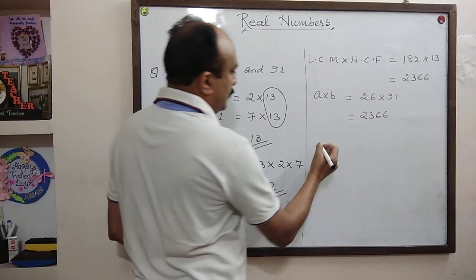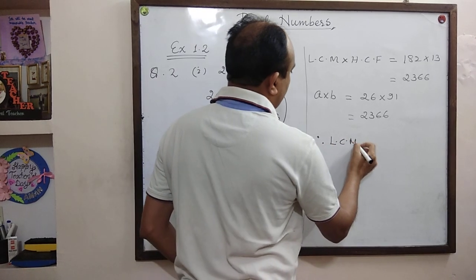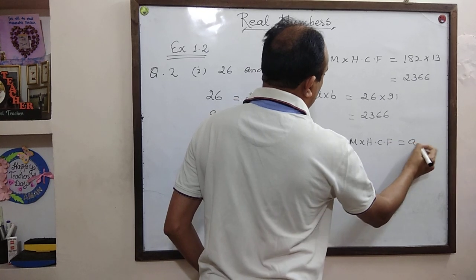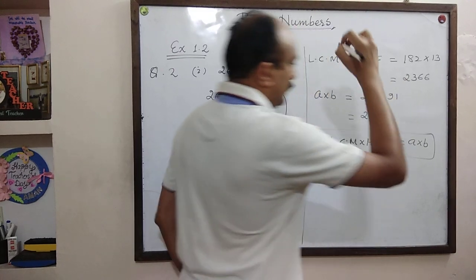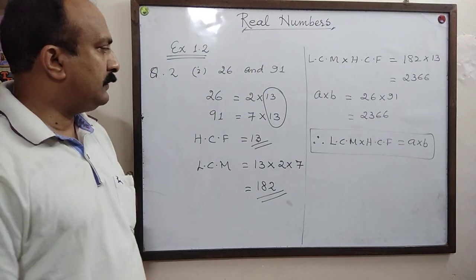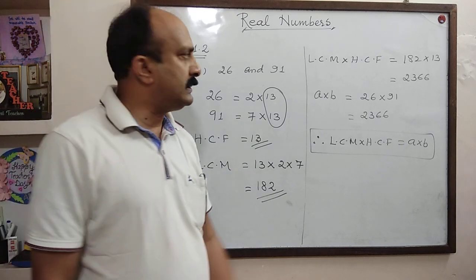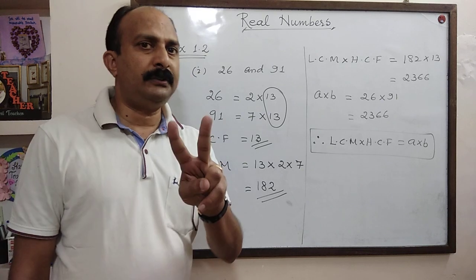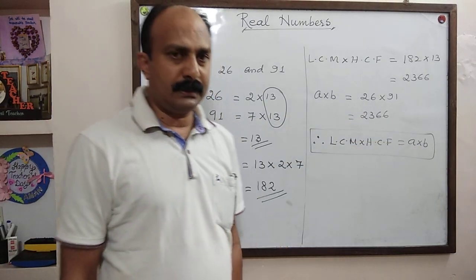So we can write, therefore, LCM into HCF is equal to A into B. So this is verified. This is the method how to find HCF and LCM, and here we have proved LCM into HCF of two positive integers is always equal to the product of the two numbers.